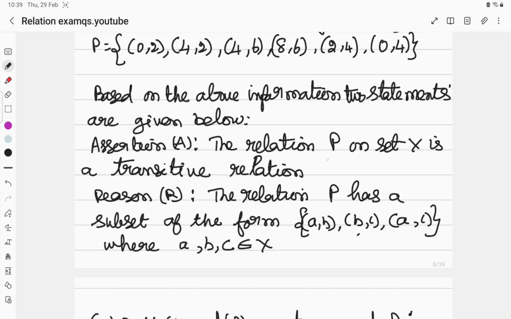Assertion A: The relation P on set X is a transitive relation. Reason R: The relation P has a subset of the form {(a, b), (b, c), (a, c)} where a, b, c belong to X.